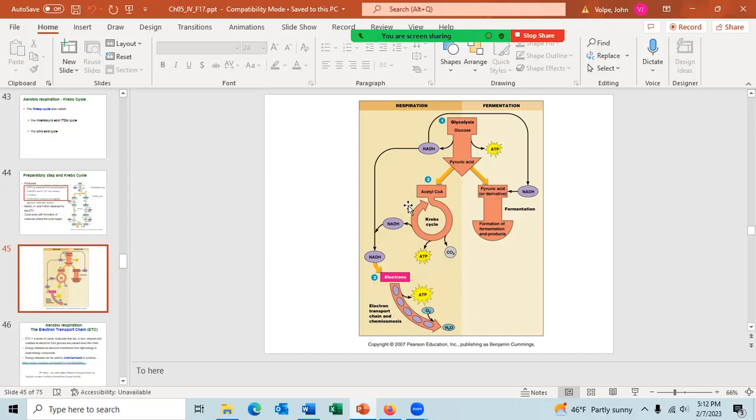And then this slide is also comparing aerobic respiration shown on the left with fermentation shown on the right. Any questions about any of that?